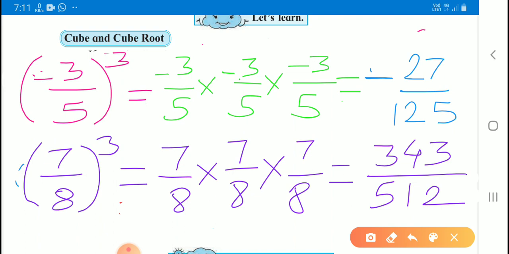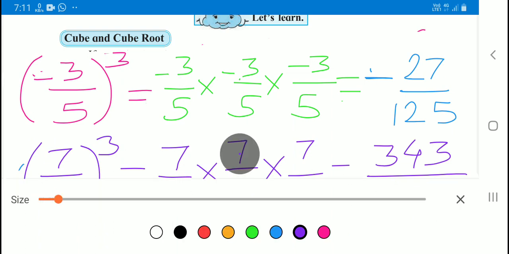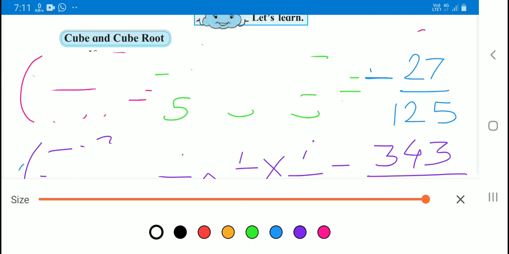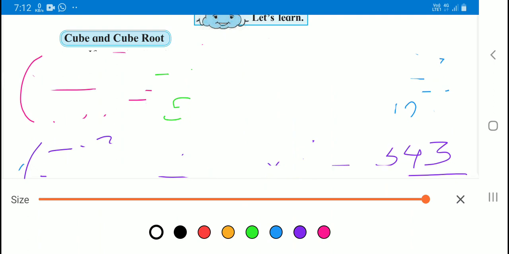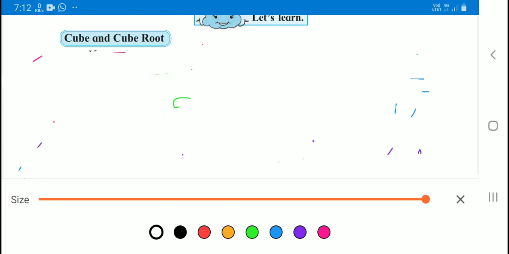Now we'll see the examples of decimal fractions. Decimal fractions, you know, are numbers which contain 10, 100, 1000 in the denominator place.